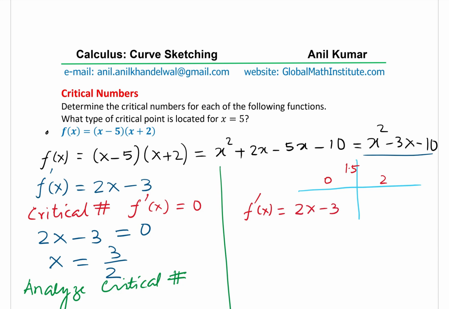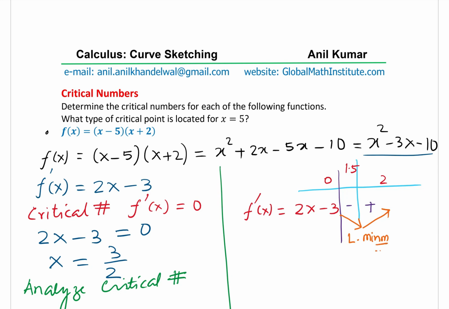Now if I substitute 0, what do I get? 0 gives you minus, let me draw a line here, and plus 2 gives me a positive number. That clearly means that the function is decreasing and then increasing, right? And so we have a local minimum. Does it make sense to you?